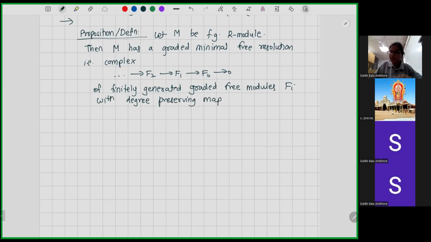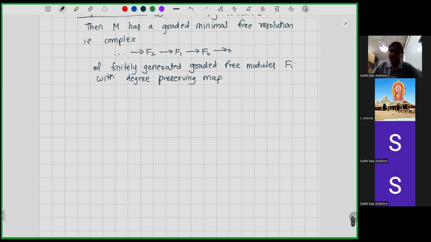So note that earlier when we calculated the minimal presentation, what we actually got was, if you remember, F0 and then F1 and then the kernel of this D1. Since the kernel will again be a free module, I will have this F2 R module such that this is again a surjective map.